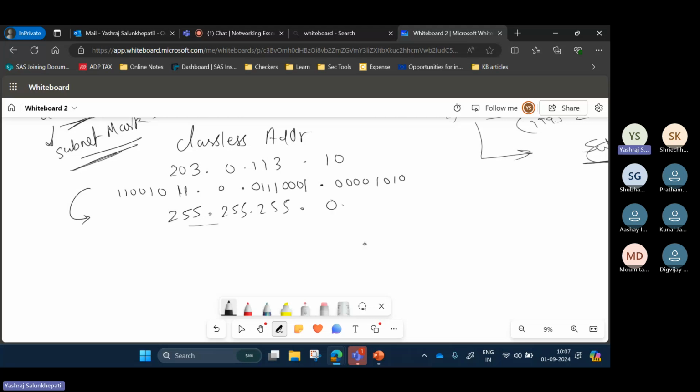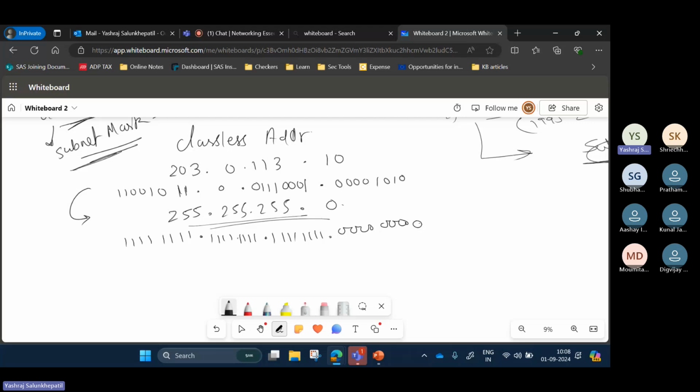Let's write that in binary. 255 is all ones, here also all ones, and then we have all zeros.